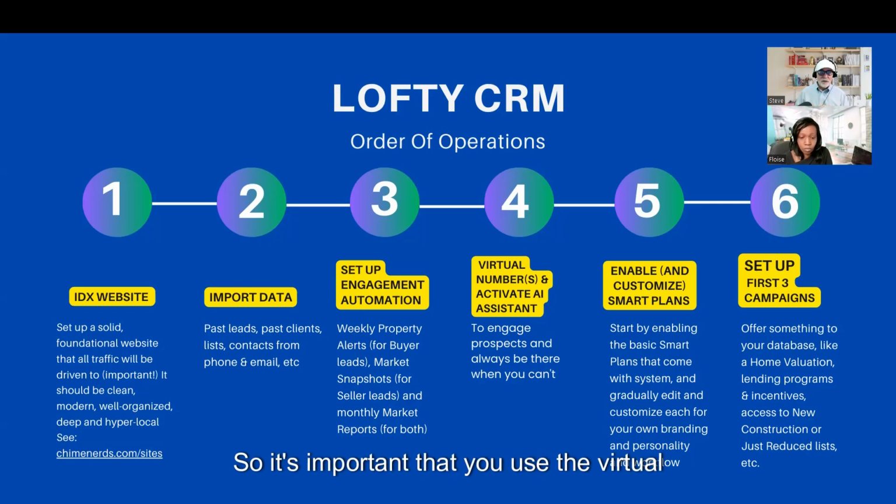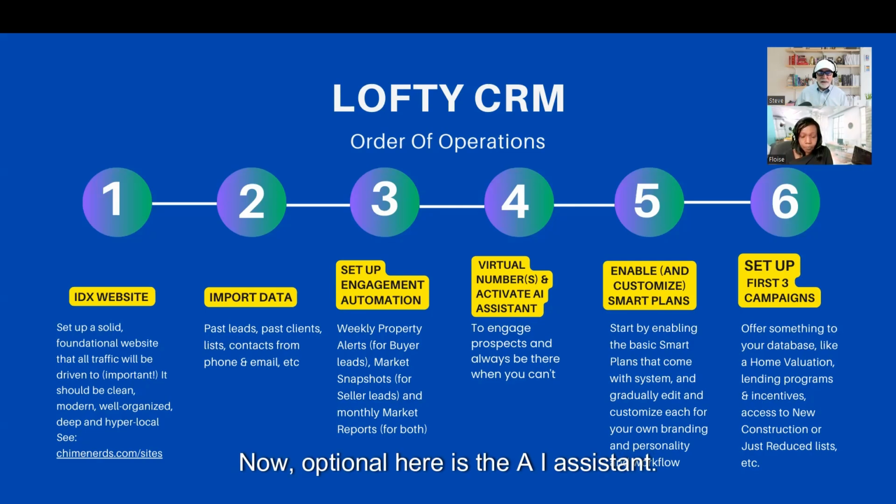So it's important that you use the virtual number provided by Lofty and not your cell phone. If you're just making calls and texts on your cell phone, it's not in the system. We can't track it. There's no call tracking, SMS campaigning. There's no recording, and there's no reporting on this. So we have to be able to track all of this on the platform.